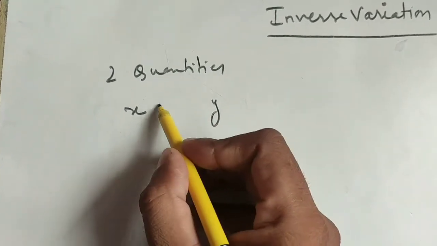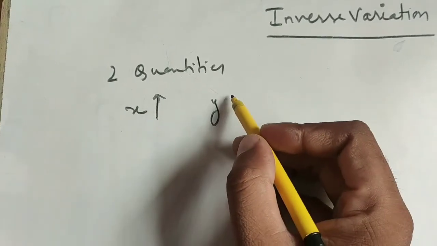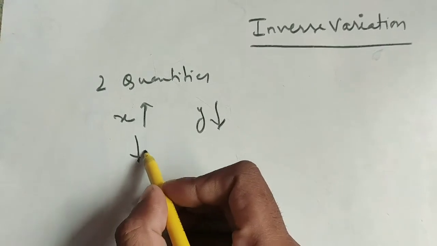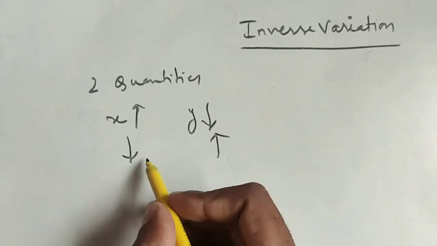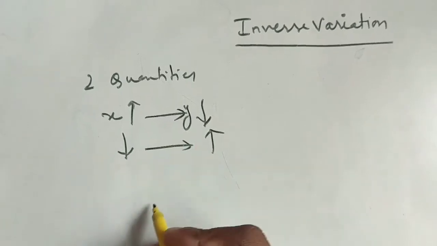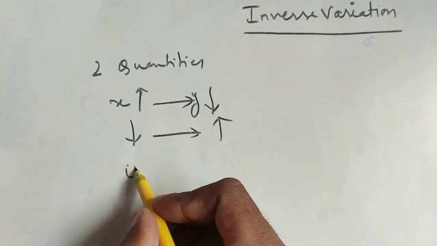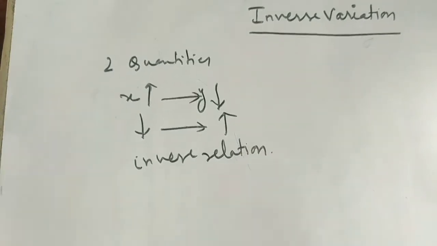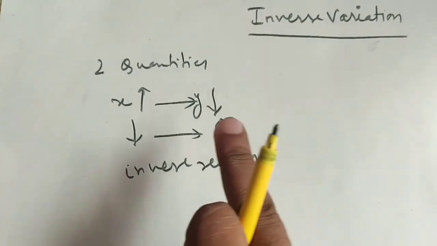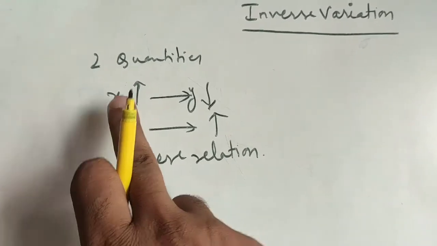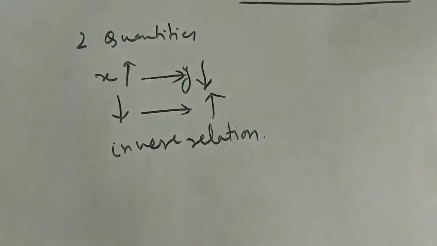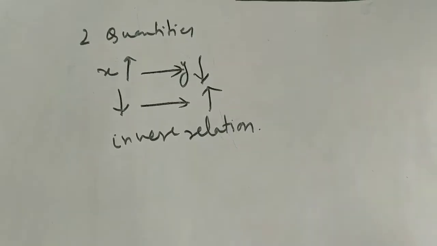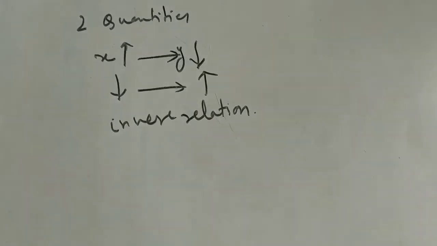If we increase x and y decreases, or if we decrease x and y increases, then what type of relation is there between x and y? It is inverse relation. How is it inverse? Because one type of change is bringing the opposite type of change in the other quantity. If we increase x, y decreases, and if we decrease x, y increases.